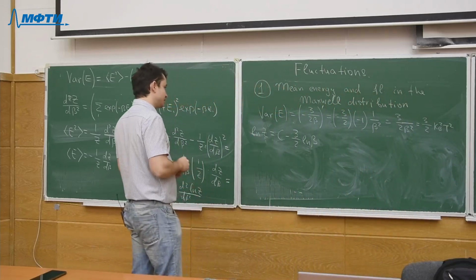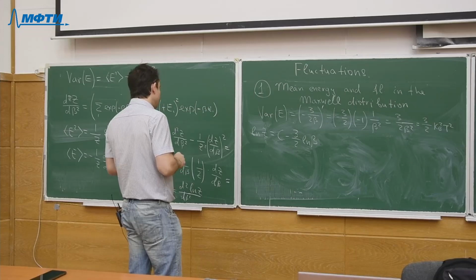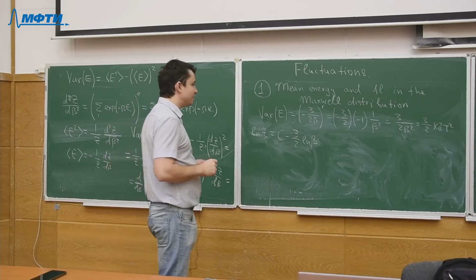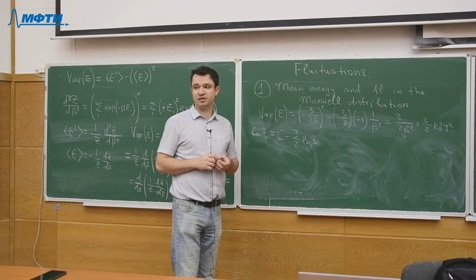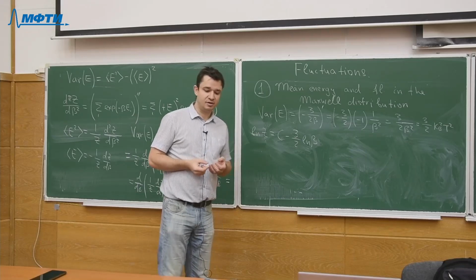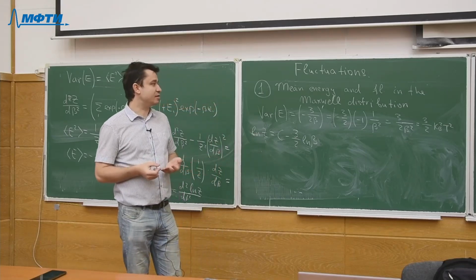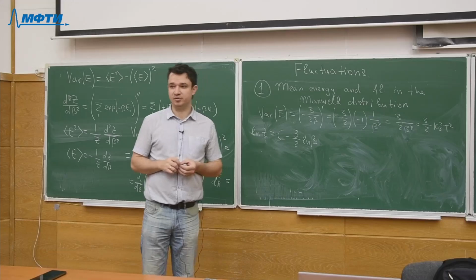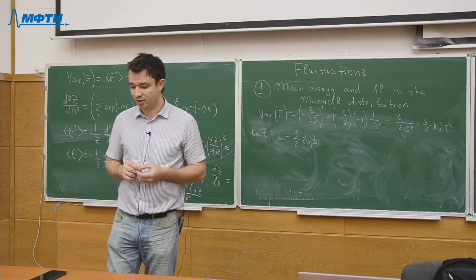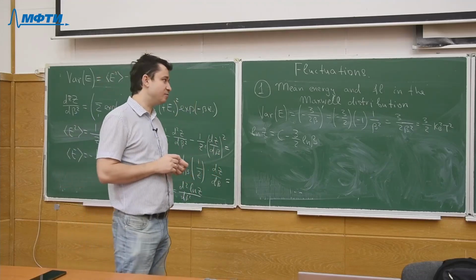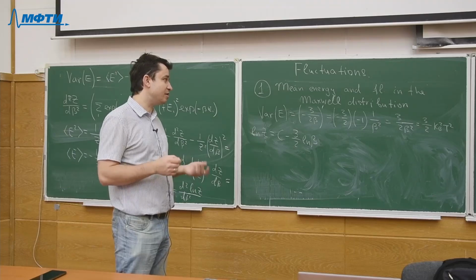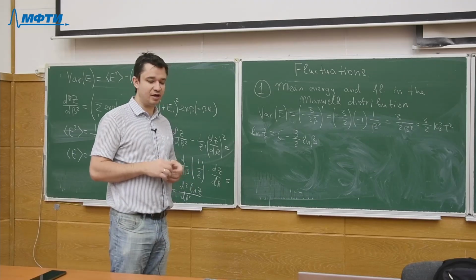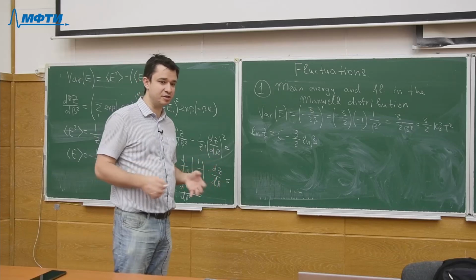That's the variance. Well, you might ask about it, but it's actually not that important to understand the mean value and the variance of the energy for the single particle. It's much more important to have some value for the mean value and the variance for the kinetic energy of the gas as a whole system.